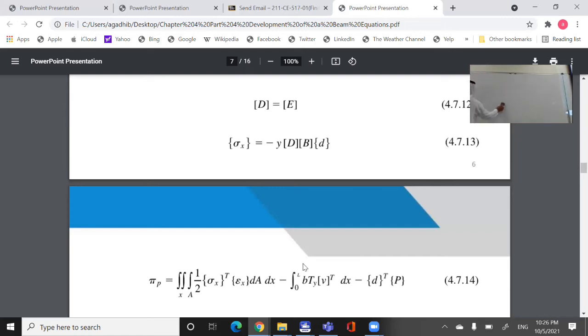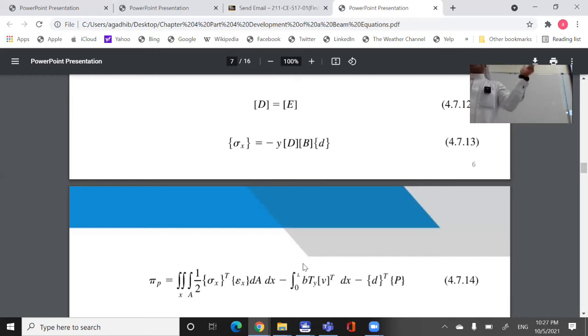Now, take pi with respect to D. Can you take pi with respect to D? What will it be? D transpose, B, D, dx. Can you take this pi with respect to the D vector? It's like D transpose D, which is like D square, because D transpose is a row and D is a column.